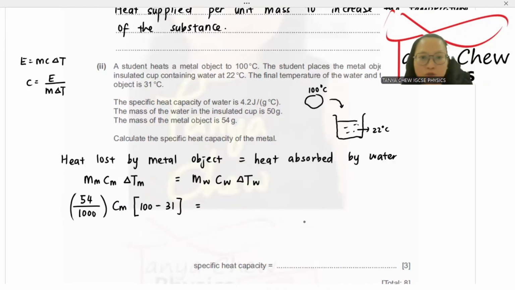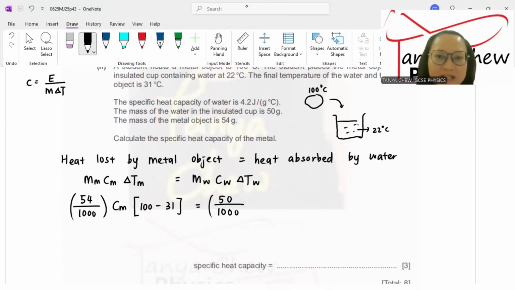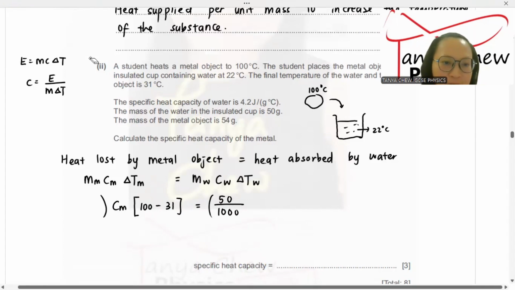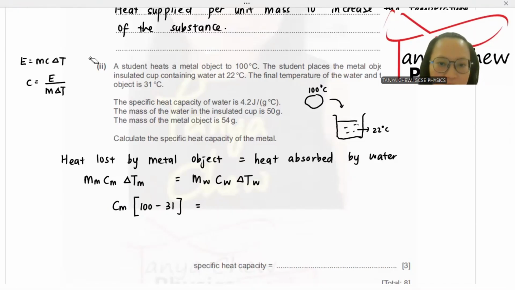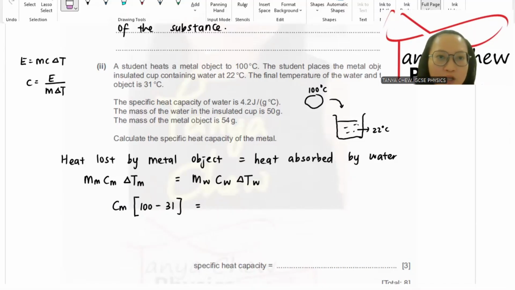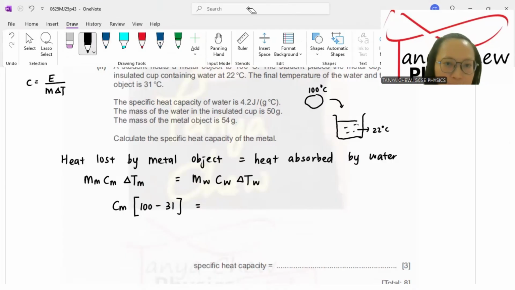So it is equal to the mass of the water, given as 50 gram. I'm not going to change to kilogram because specific heat capacity is given in joule per gram. So don't change to kilogram, just put it as 50. Remember that you have to look at the unit of specific heat capacity. So I'm not going to change that.